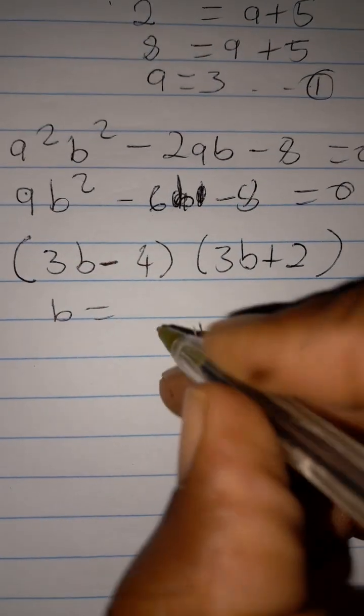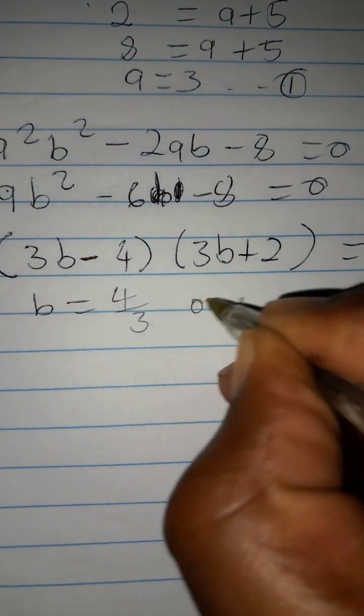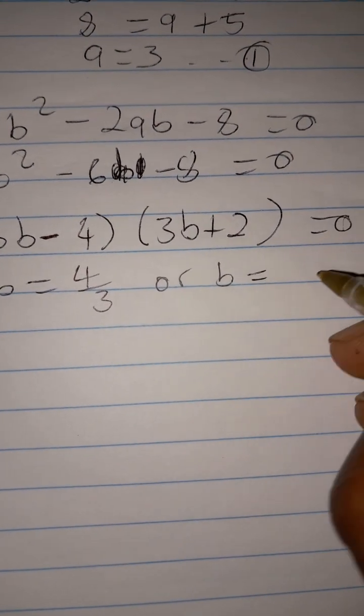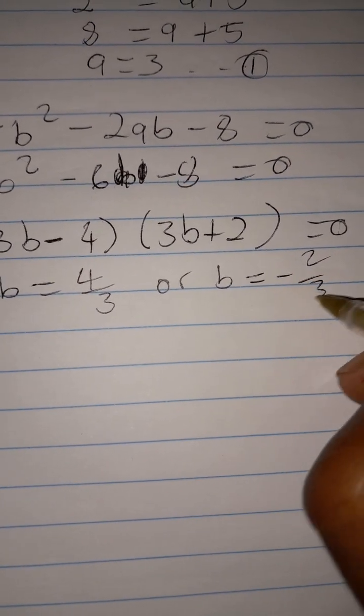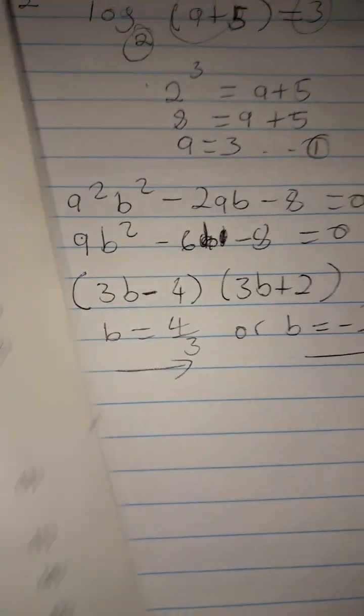So when you make b the subject, you are going to have 4 all over 3, as well as negative 2 all over 3. So that's how you can work out the 1.2 question.